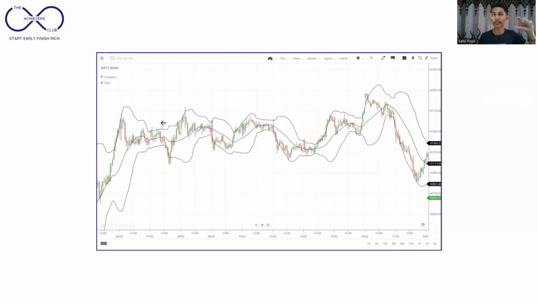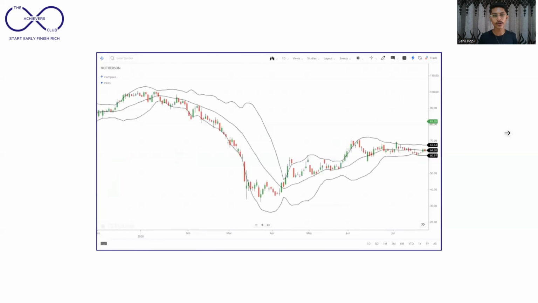Although if you look at the daily time frame, it might be a consolidation itself. But on the 15 minutes time frame, you can see that there is volatility either on the upside or on the downside, and this series goes on and on. And one more example is Motherson Sumi, a complete downfall during the period of COVID.